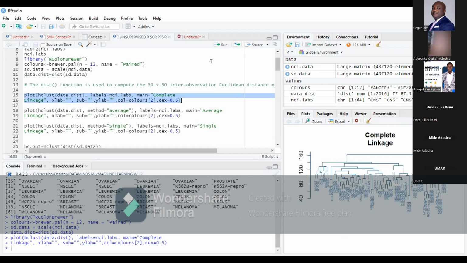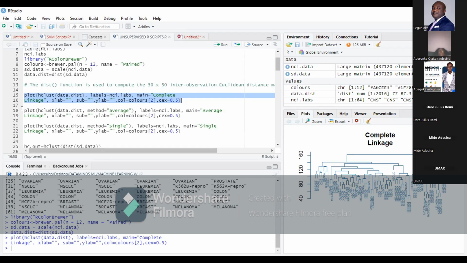this is what it gives us. And the ones that are actually related based on their maximum distance, they bring them together. And that is complete linkage. Now, if I'm doing complete linkage, you don't need to put method. Automatically, it will give you complete linkage.